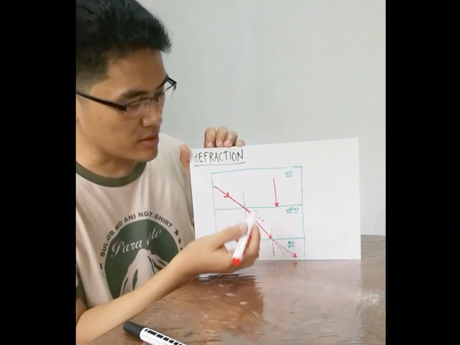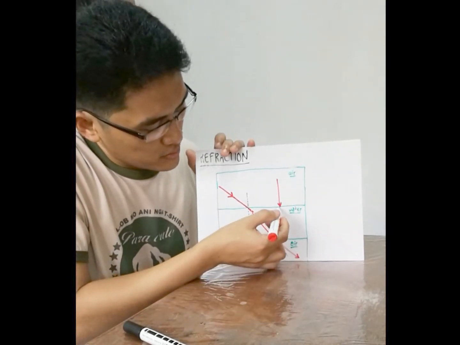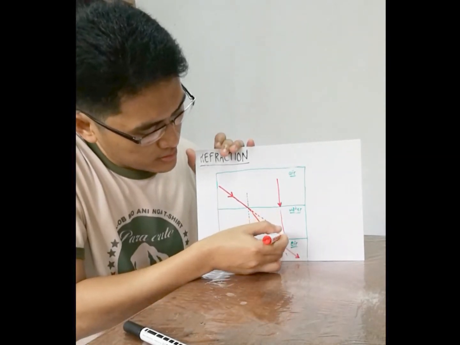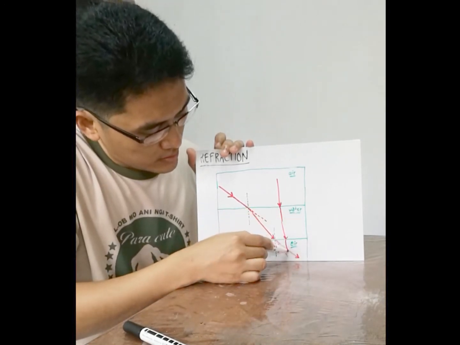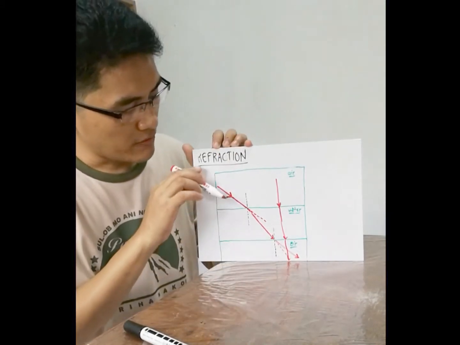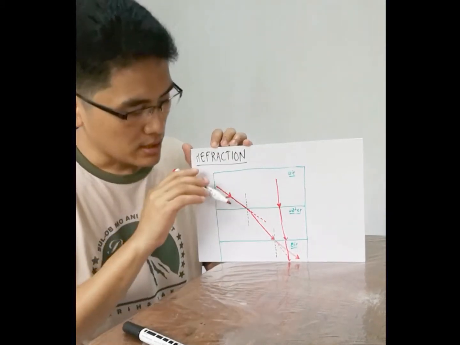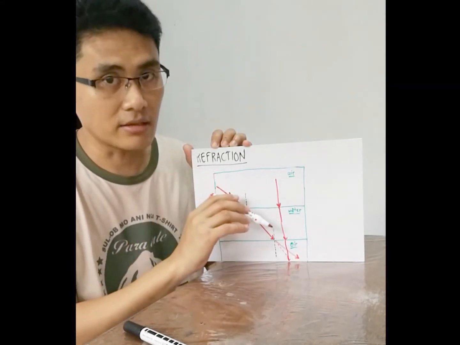There's no angle between the normal line and it. It will just go straight without bending. And also here, go straight without bending. Okay? So refraction only happens when the light ray hits the boundary of two materials at an angle.